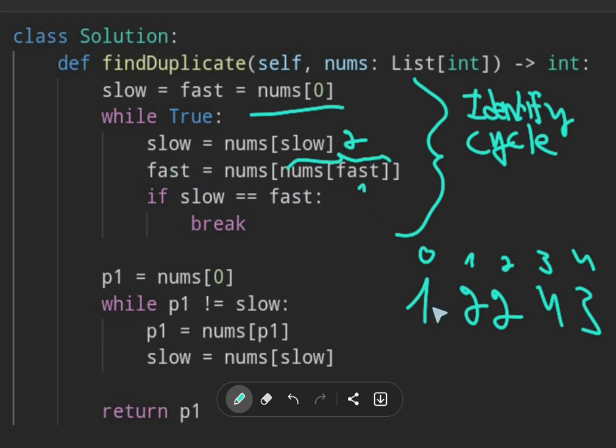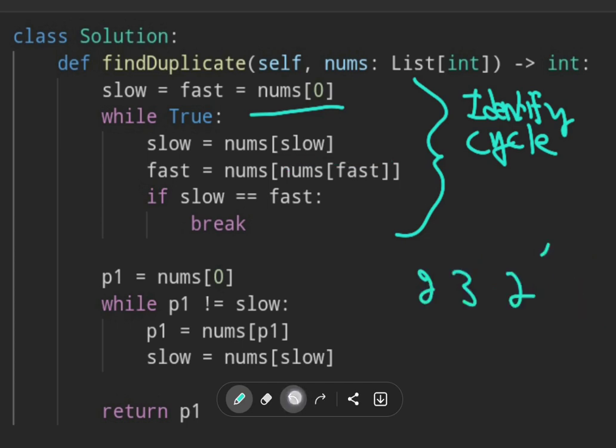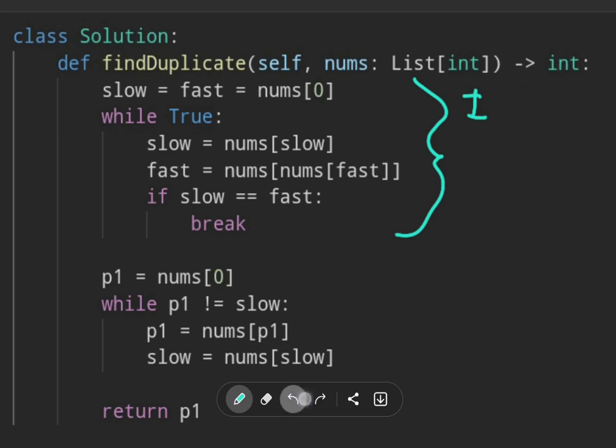We go to one place, and then we check what is the other place in the array. This is the way to identify the cycle, and once they are both equal, then we can say we have a cycle, and because we have a cycle, we break. So now we identified the cycle.